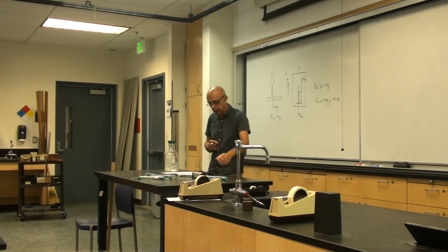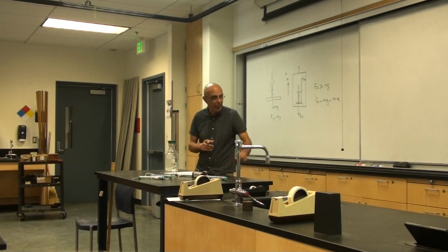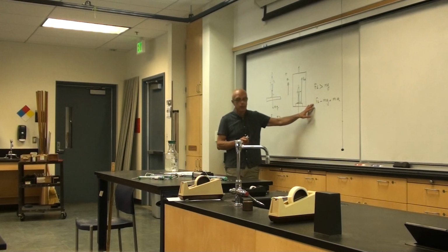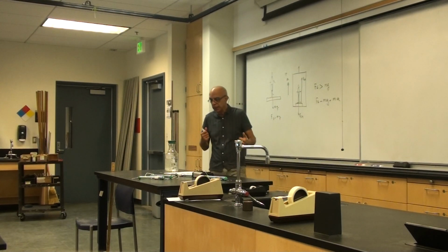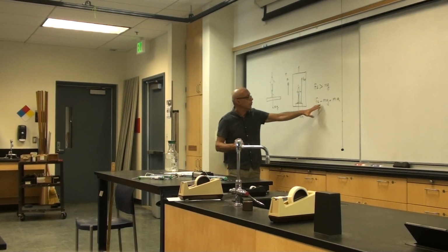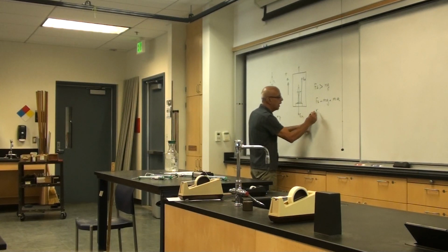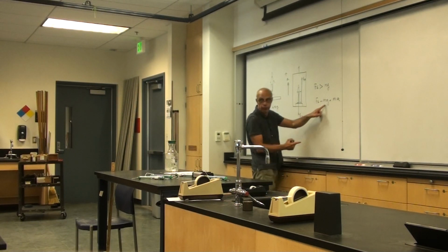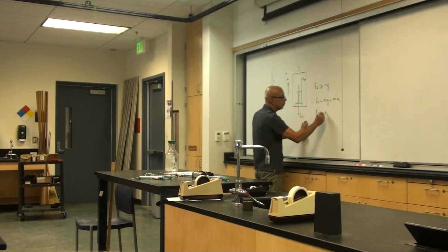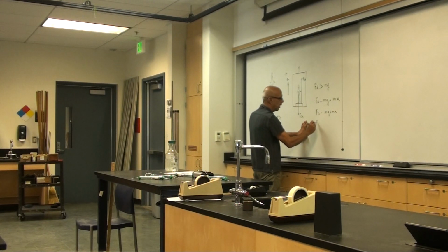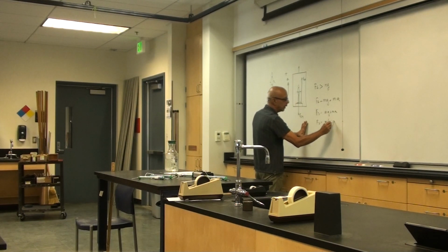So what's happening here? If I do the calculation now, my reading F_S is going to be, I move this to the other side, mg plus ma. So F_S is going to be m(g plus a).